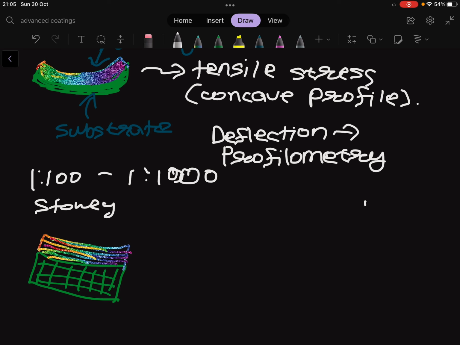The substrate has Young's modulus, suppose Es, and the film has Ef, with thicknesses df and ds, and we have applied some sort of stress given in this fashion.